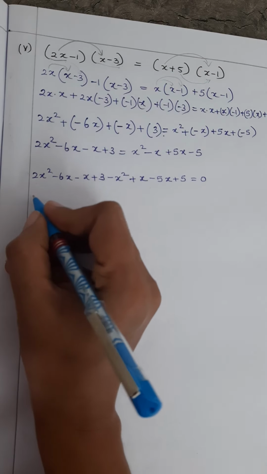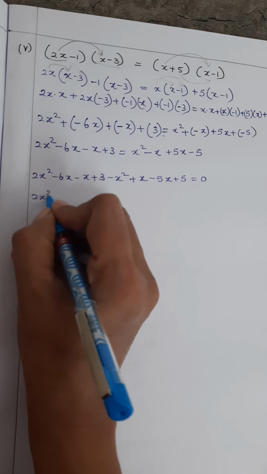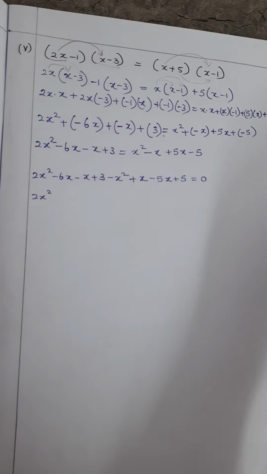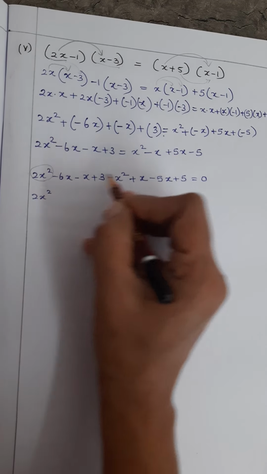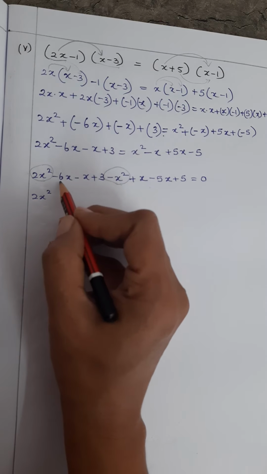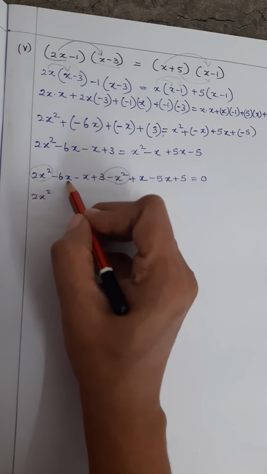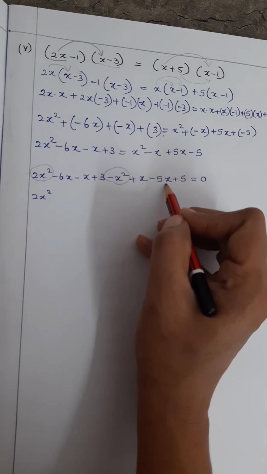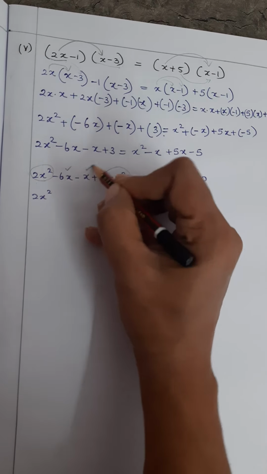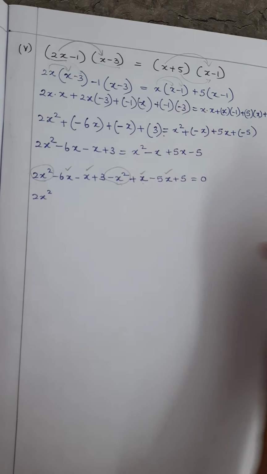All right. Now this is 2x square. Now what we should do is we'll take the like terms. Okay, like terms is x square. This is a like term, and then if you see x terms, here there is an x term, here there is an x term, and also one x term here. Okay, so we'll write all this together.